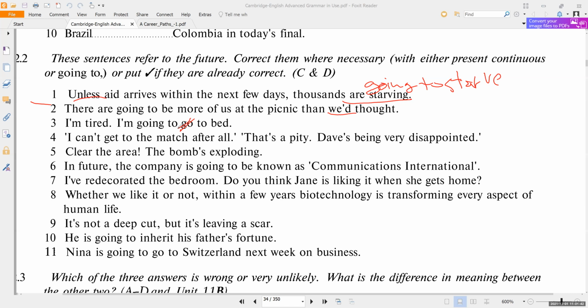I can't get to the match after all. لا أستطيع أن أصل إلى المباراة. That's a pity. Dave's being very disappointed. مع الأسف Dave's أصبح محبط. إذن هنا لا يستطيع أن يصل.